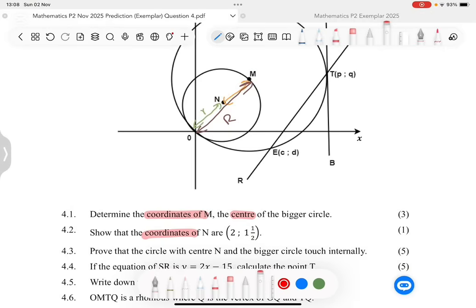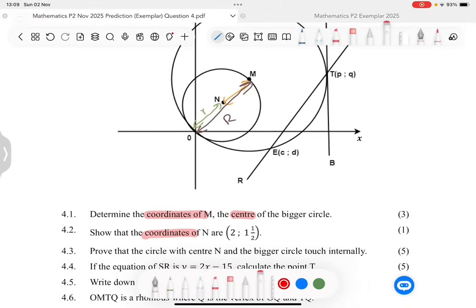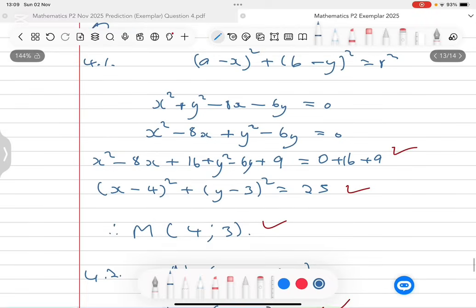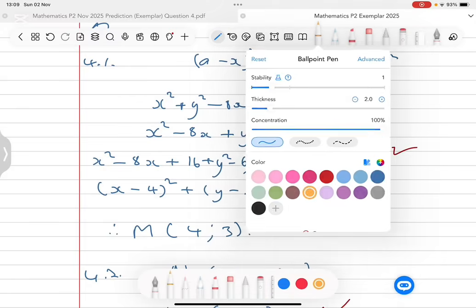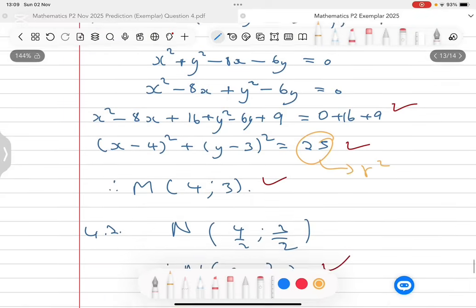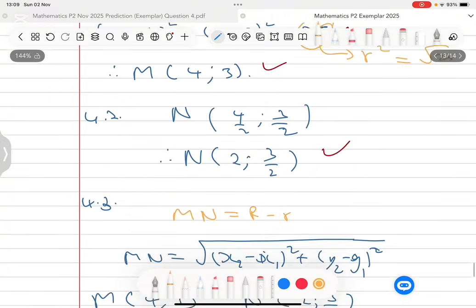Now, we're going to find the radius of the big circle. To find R, the radius of the big circle, I can use the equation of the big circle that we have here. Remember, we know that this is equal to R squared. So for me to find R, I have to take the root of this 25.